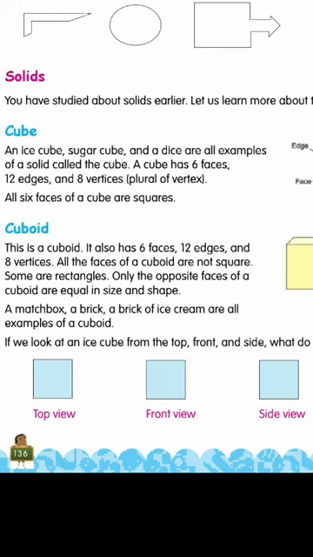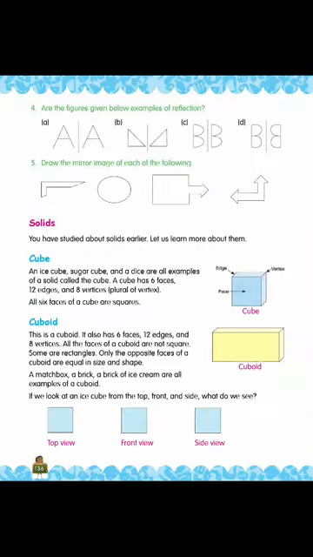If we look at an ice cube from the top, front and side, what do we see? From the top view also square, front view, side view. You can see in the cube also all the sides, all the faces are square only. So all the 3 views are square.